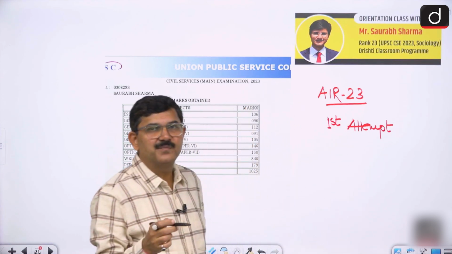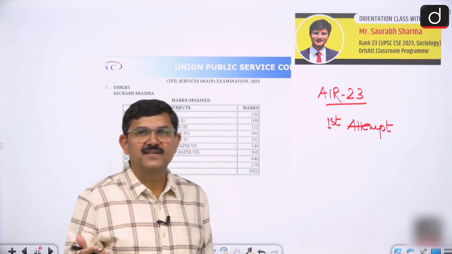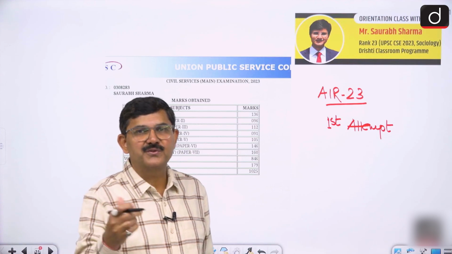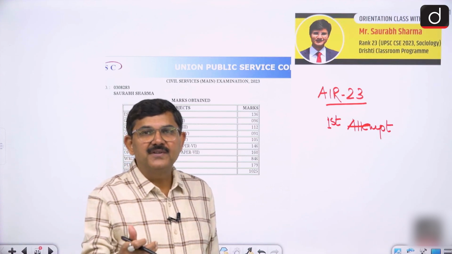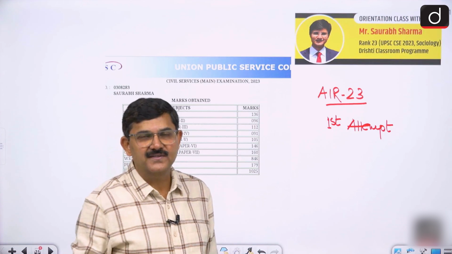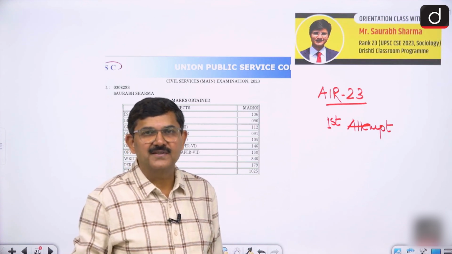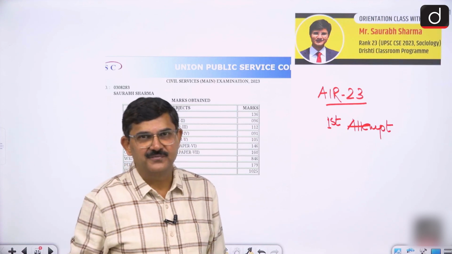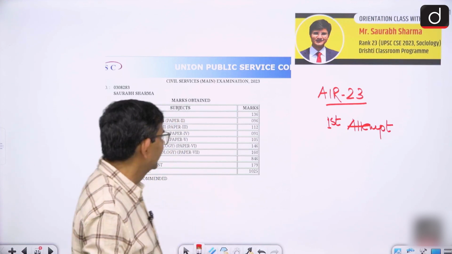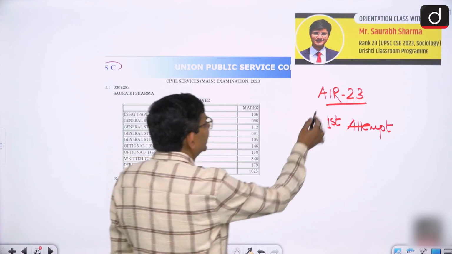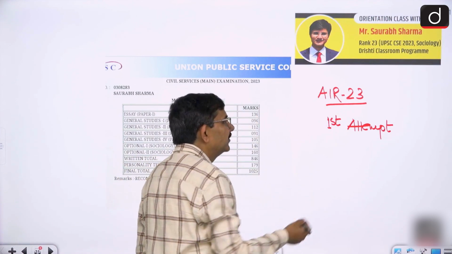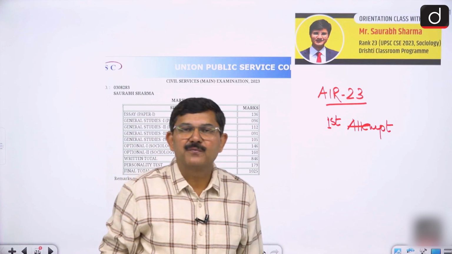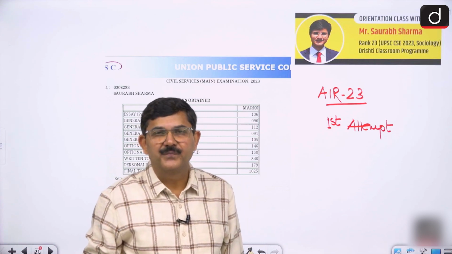By the time of the result, he had just completed 22 years of age. So one of the youngest IAS officers, who is all deserving to become cabinet secretary. Well, talking about his background, he did his BTech from IIT Delhi.